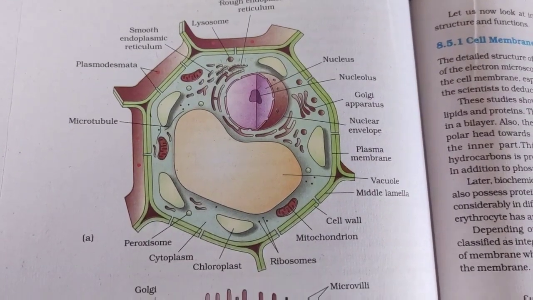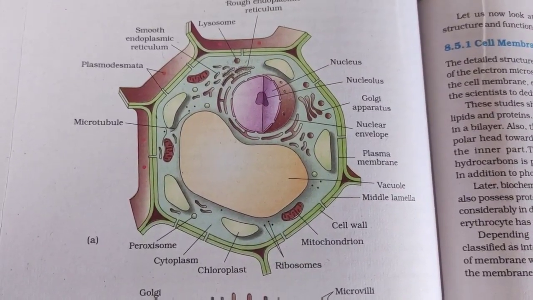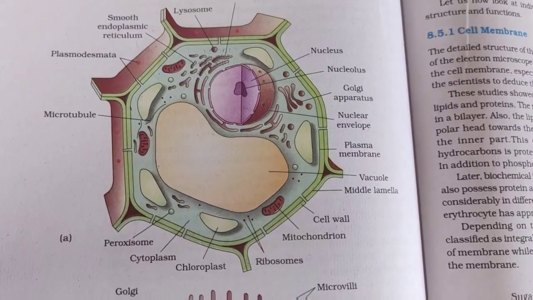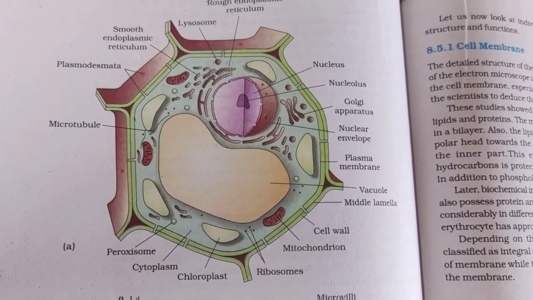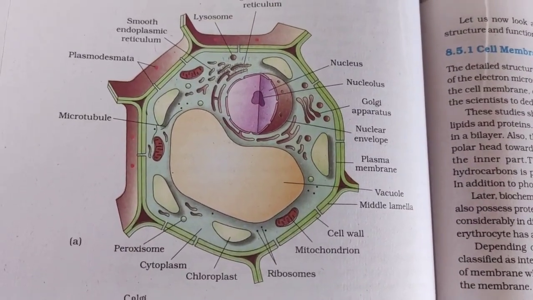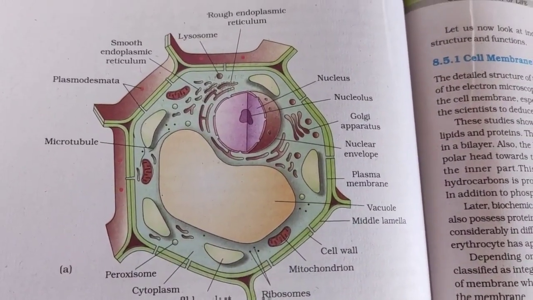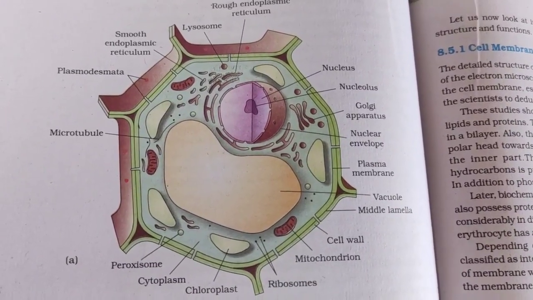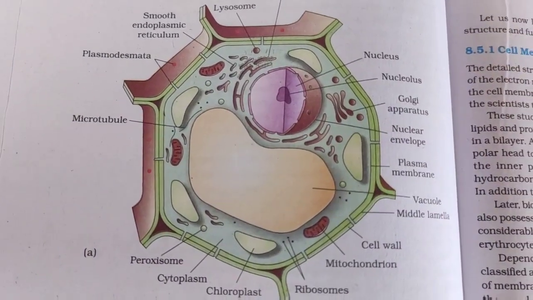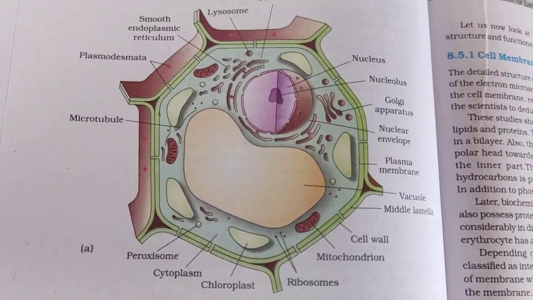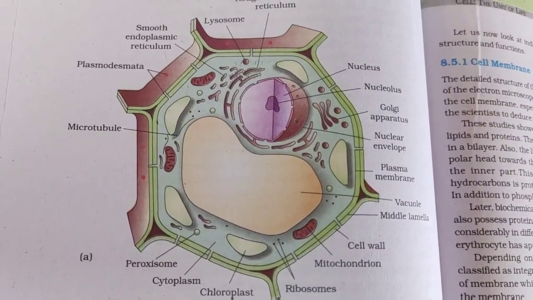From the diagram you can see that it is a plant cell. It has cell wall, nucleus, Golgi apparatus, nuclear envelope, plasma membrane, mitochondria, ribosomes, cytoplasm, chloroplast, smooth and rough endoplasmic reticulums, etc. The function of the cell wall is that it is the delimiting structure in the plant cell.